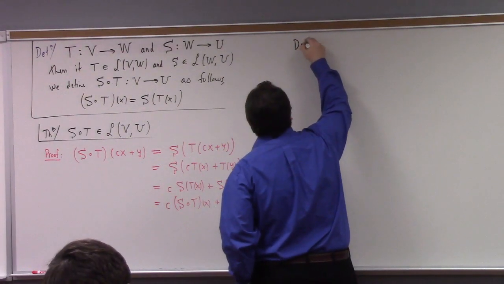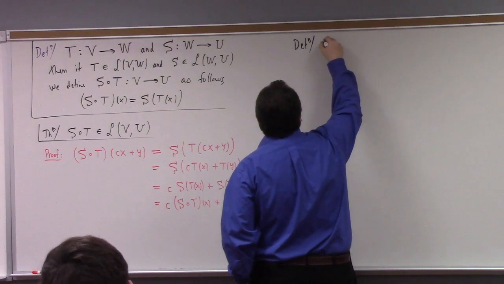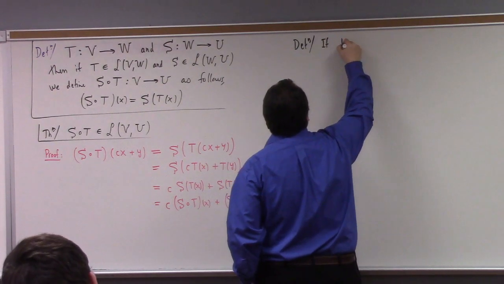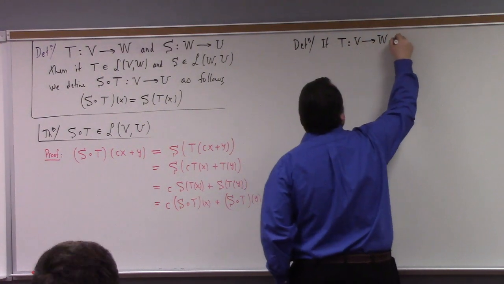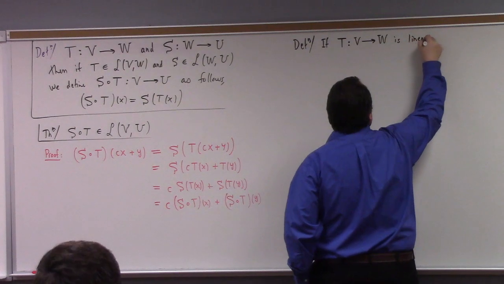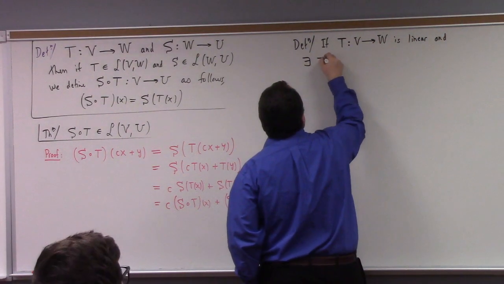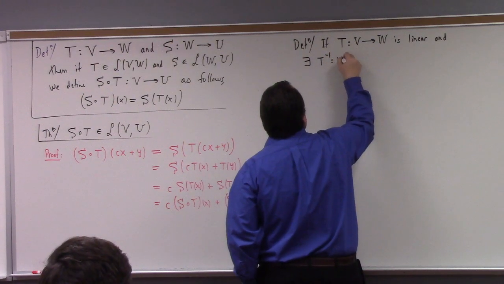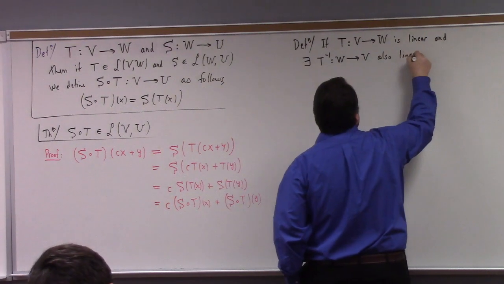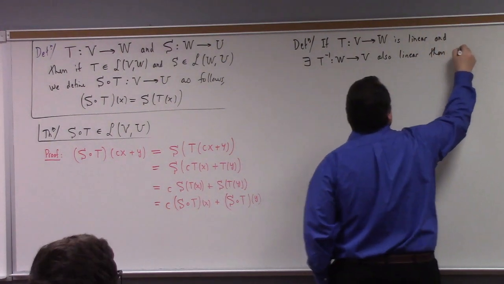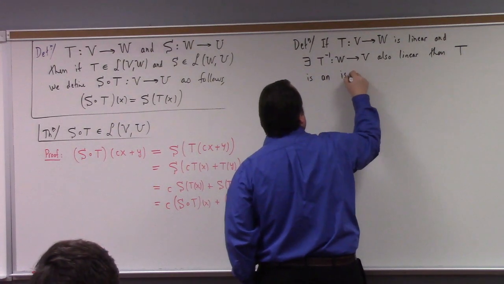Definition. All right, so here it goes. If T is a linear transformation from V to W, and there exists T inverse from W to V, also linear, then T is an isomorphism.